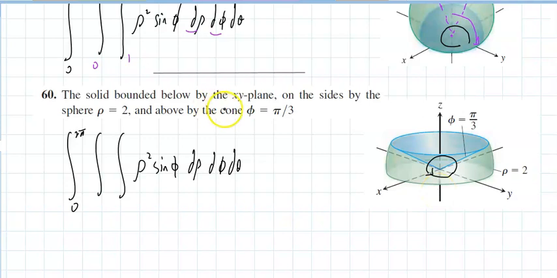It says bounded below by the xy plane, so we're going to run phi to pi over 2 because that's on the xy plane. On the sides by rho equal 2, okay, and above by the cone. So it's going to run all the way to this cone, phi equal pi over 3.